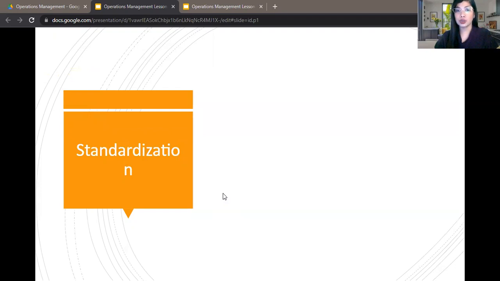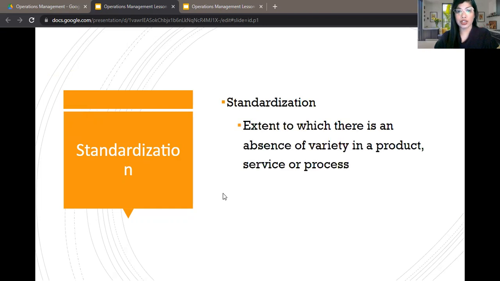An important issue that often arises in both product, service design, and process design is the degree of standardization. Standardization refers to the extent to which there is an absence of variety in a product, service, or process.